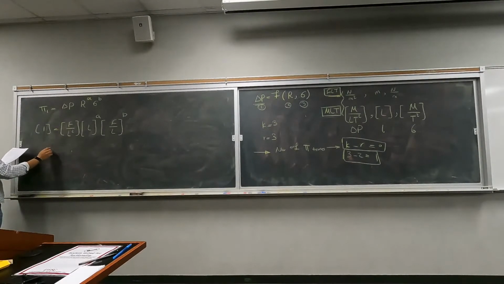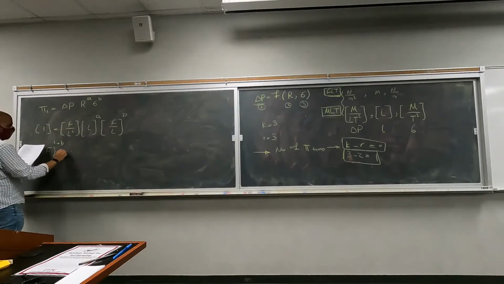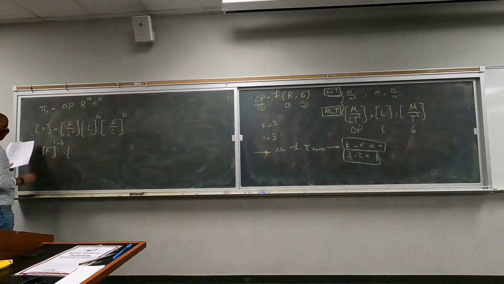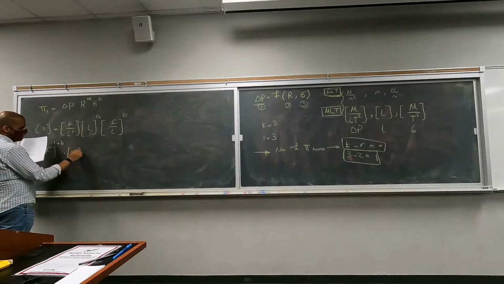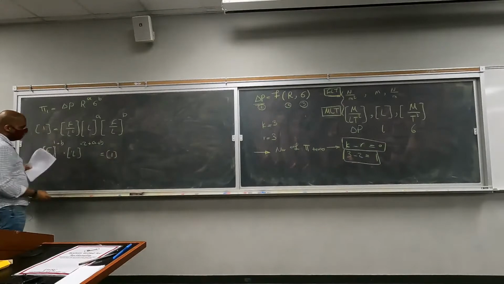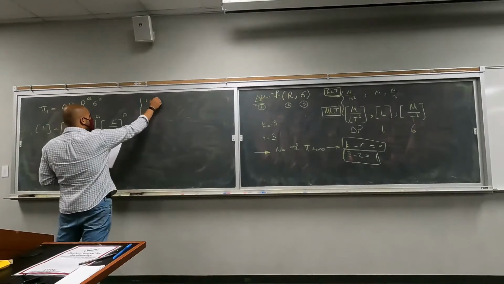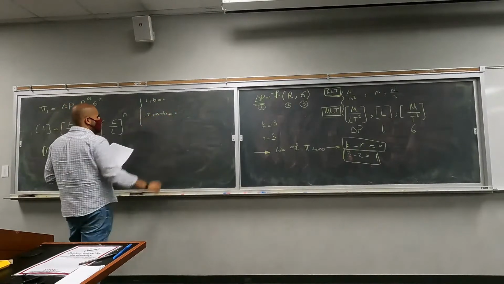This tells us that F to the power 1 plus b, and L to the power -2 plus a plus b, has to have dimension 1, meaning the exponents are 0. So we have the system of equations: 1 plus b has to be 0, and -2 plus a plus b has to be also 0.